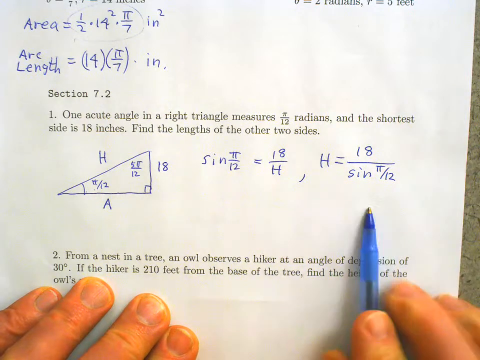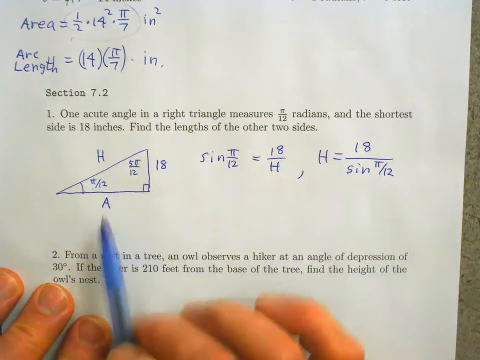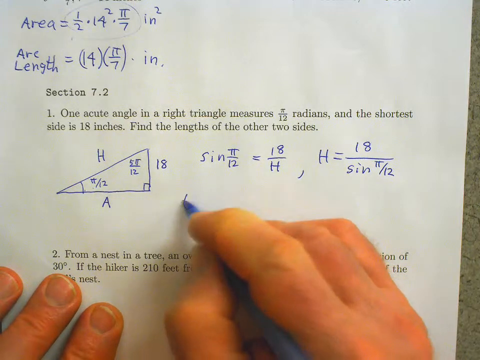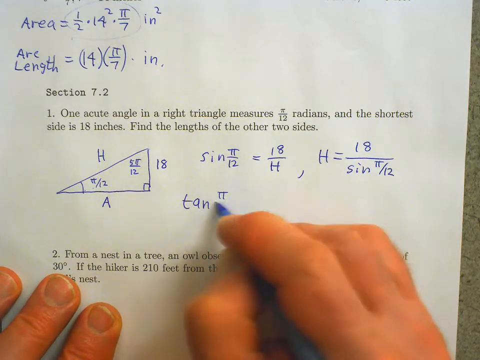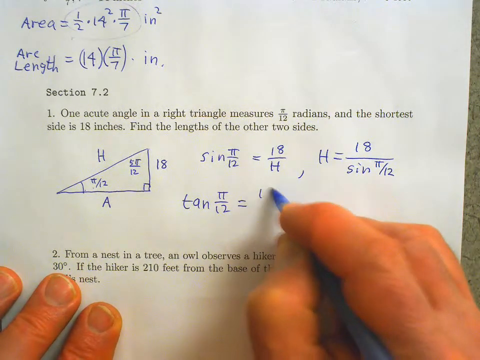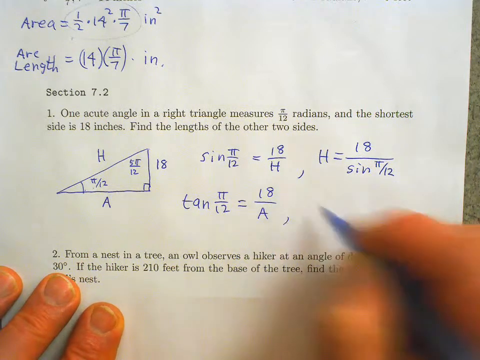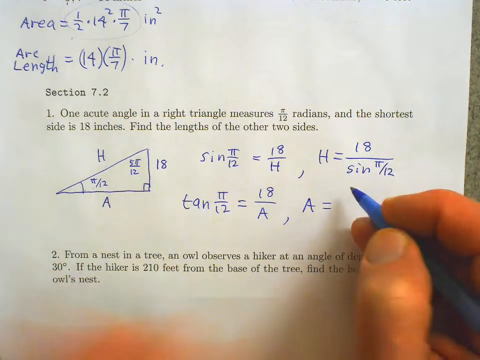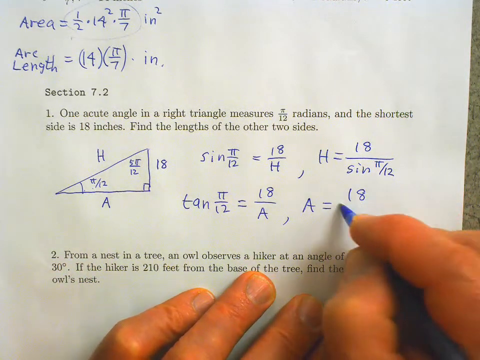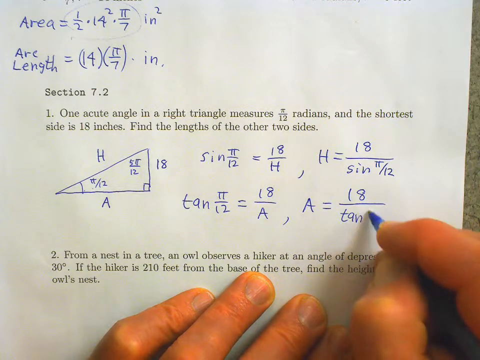That's one way to do it. And then we could use tangent of pi over 12, which is 18 over a, so that a is equal to 18 divided by tangent of pi over 12.